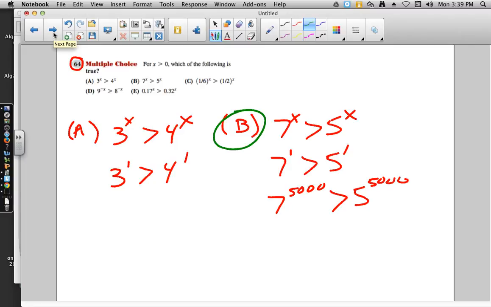And when you raise fractions to a power, they get smaller faster. And the same thing with D. This is really 1/9 to the x and 1/8 to the x. And then in E, they have decimals, but again, those are really fractions between 0 and 1, 17 hundredths and 32 hundredths. So B is the one that's going to be true.